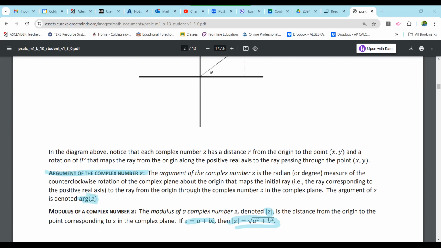And again, that is going to either be the degree or the radian, which you now have both answers ready to go. So when you're asked to find the argument of z, you're asked to find the degree of rotation of that said vector or complex number. All right, so new vocabulary for you: argument of z. It says a whole bunch of other words, but it doesn't really matter. All right, we're good with that?